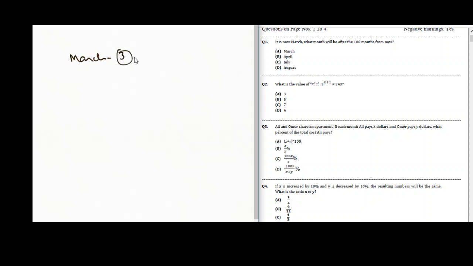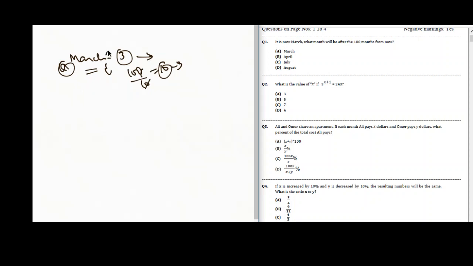Why do I say you have to add 10? Because if I divide 100 into multiples of 10, it would be easier for me to calculate. So they are saying it is March now, and we need the month after 100 months from now.